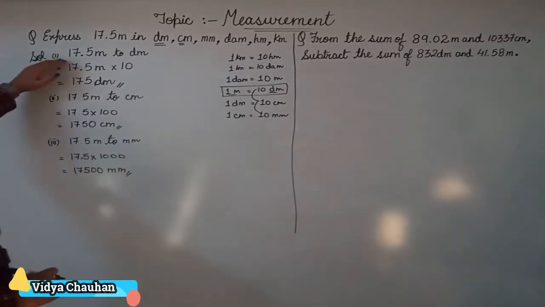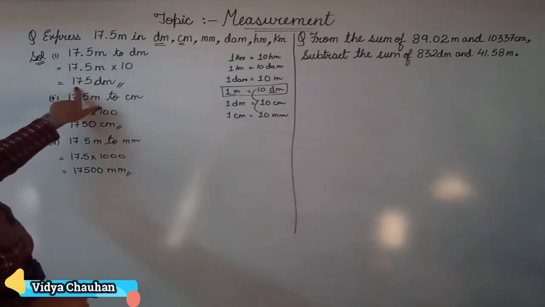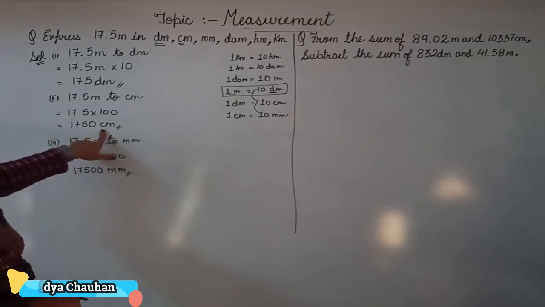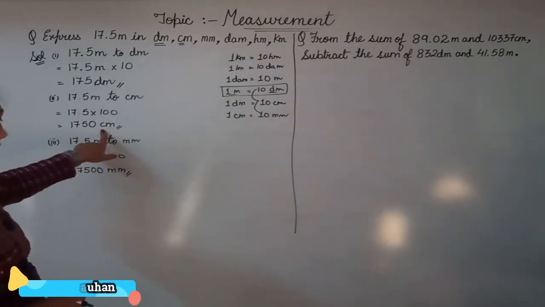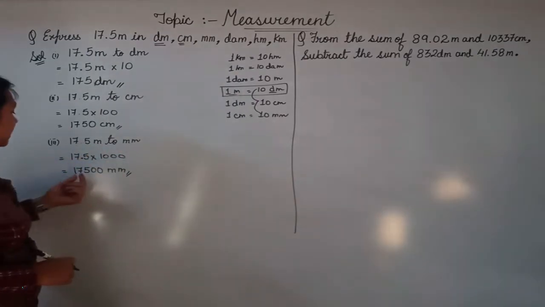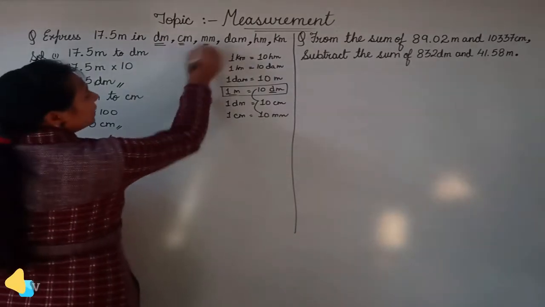So we are done with 3 of the conversions. 17.5 meter in decimeter is 175 decimeter. 17.5 meter in centimeter is 1750 centimeter. Similarly, 17.5 meter in millimeter is 17,500 millimeter.